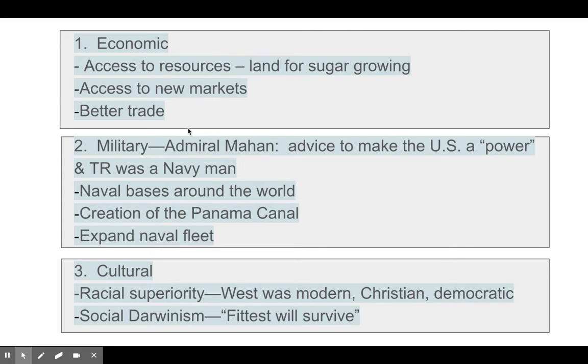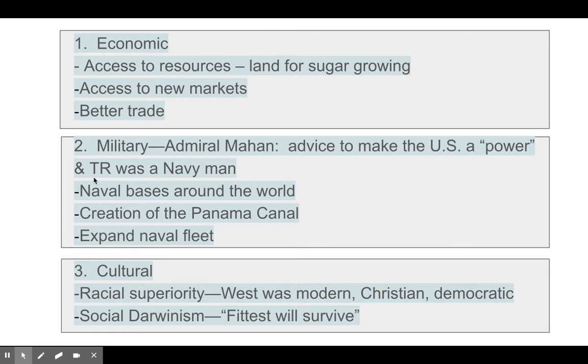There is this man, Admiral Mahan. Think of him kind of like a general, but in the Navy. He basically wants the U.S. to be a superpower. And this is the time period that the United States becomes this big time power. Him and then Teddy Roosevelt. So if you ever see TR, that's what I mean.